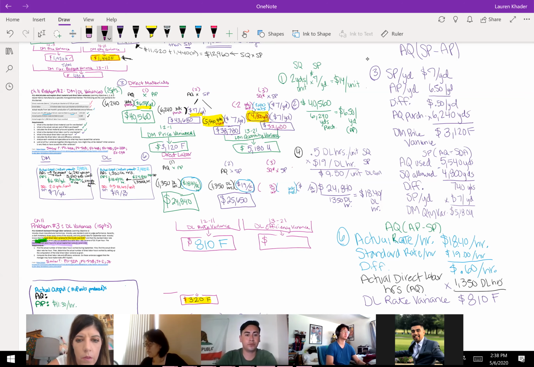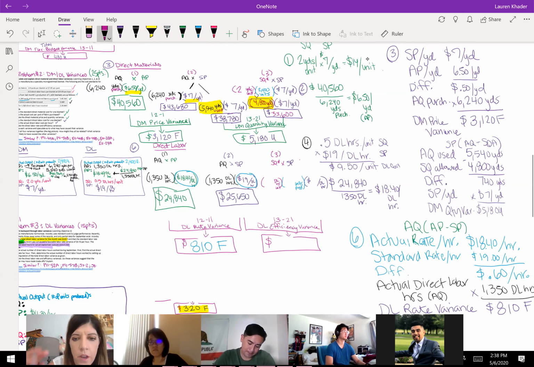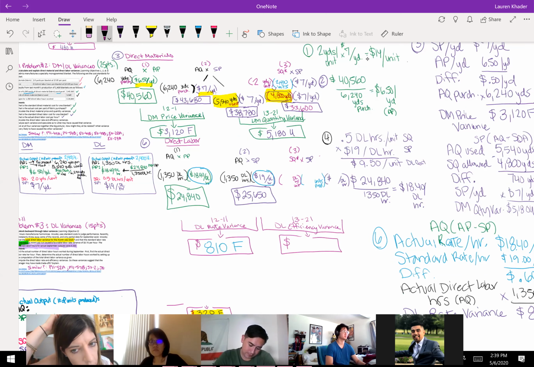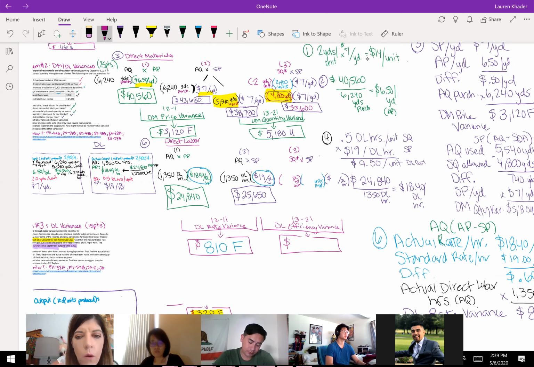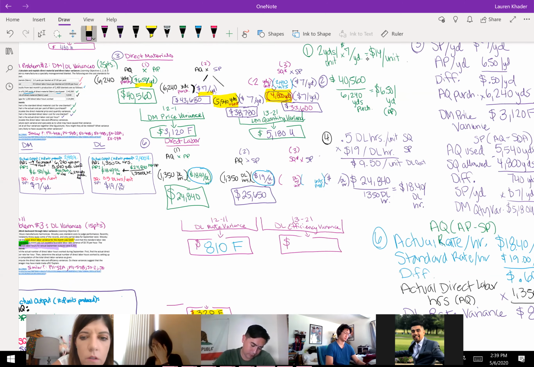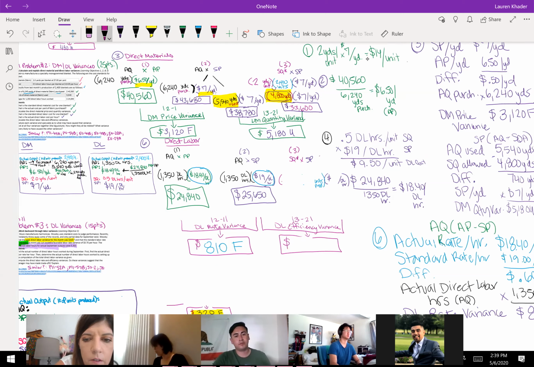For the last column, column 3, standard quantity. So how many direct labor hours per unit are we supposed to use? 0.5. Yeah, 0.5 direct labor hours per unit.